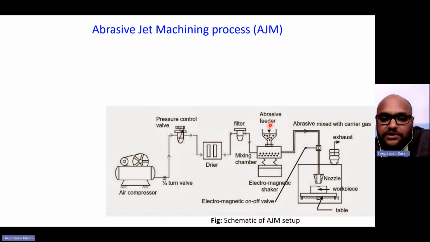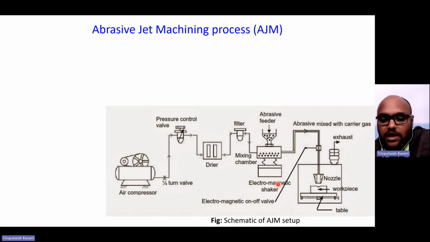These abrasive powders will be mixed in this chamber with the pure and dry air. Dry air and these abrasive particles both will be mixed in this mixing chamber. How will these be mixed? Using the electromagnetic shaker.